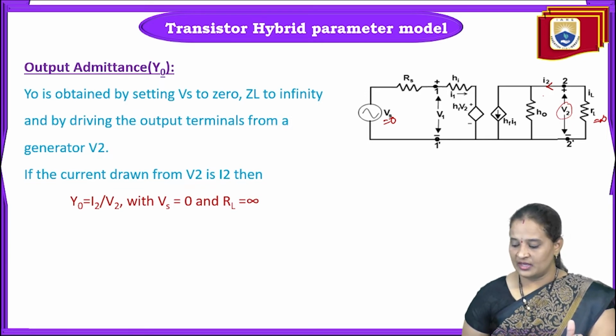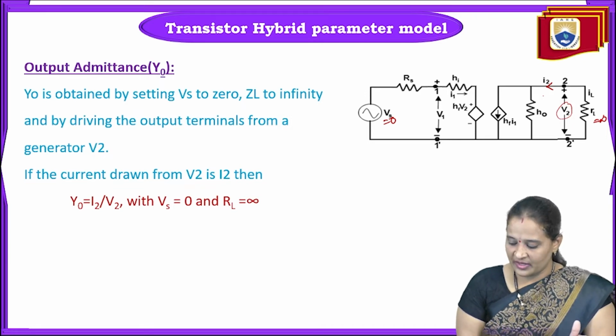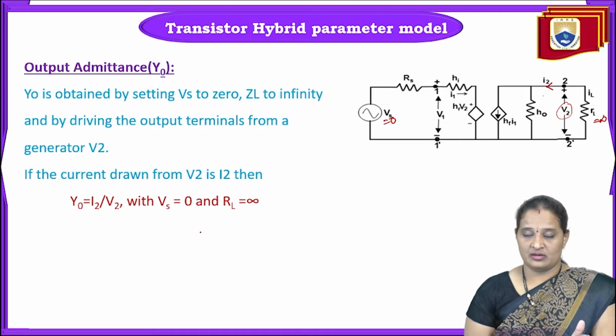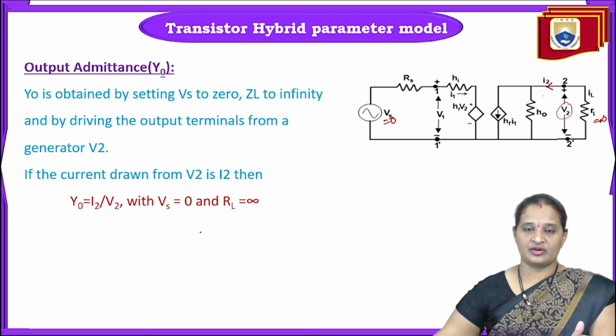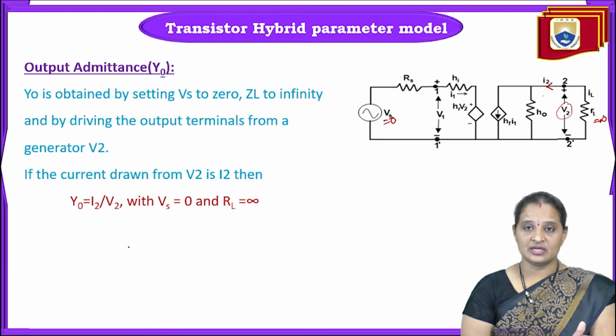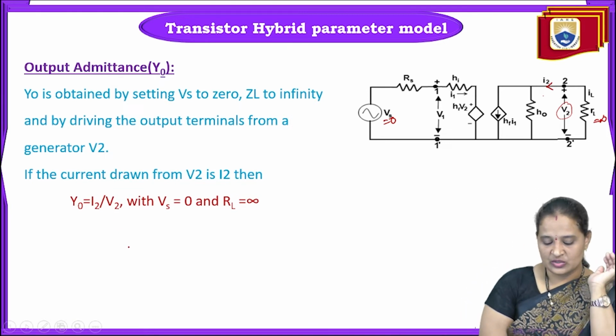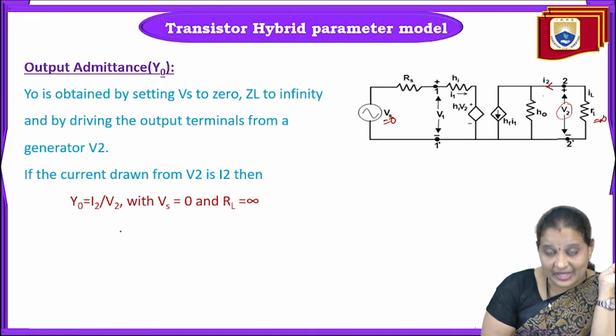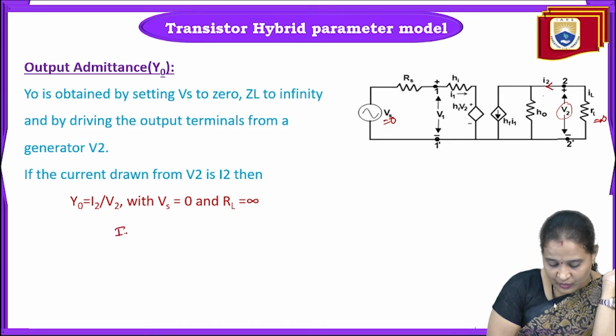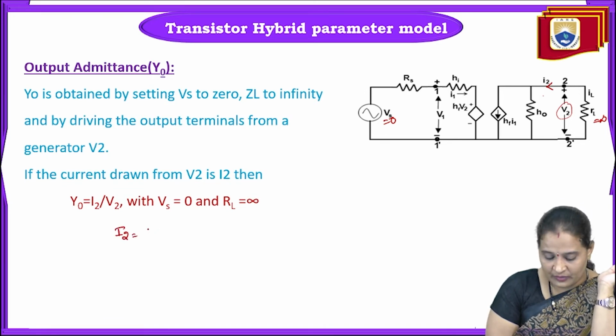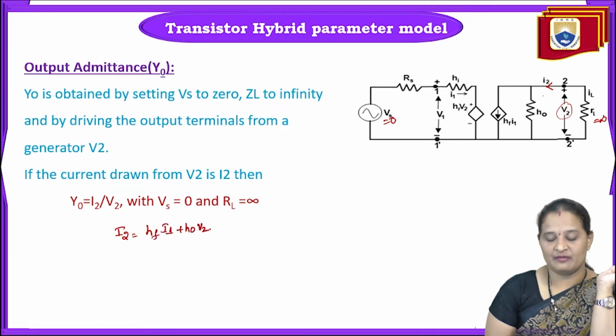So now in this case, how do we find the output admittance? We have the I2 equation. I2 equation is HF into I1 plus HO into V2.